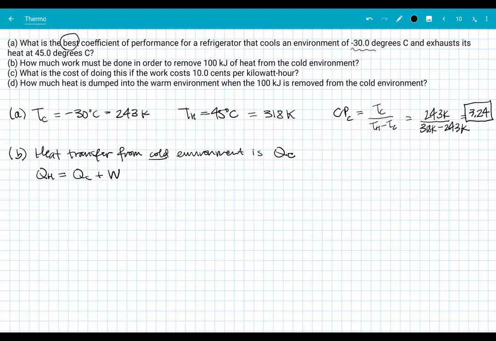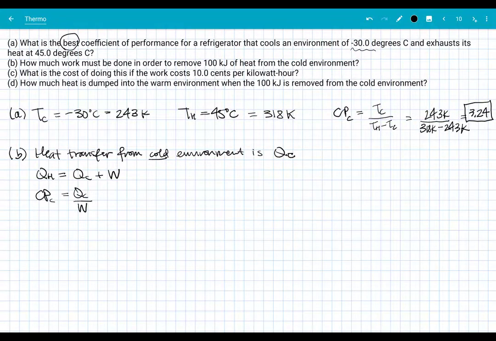So the Carnot coefficient of performance we could say is equal to QC over work. QC is what we want to get out of the refrigerator, and remember, work is what we have to put in.